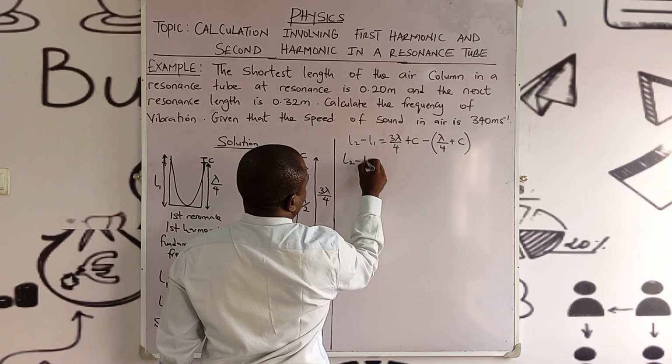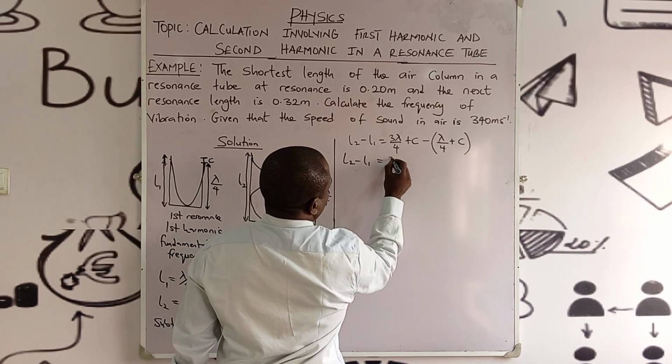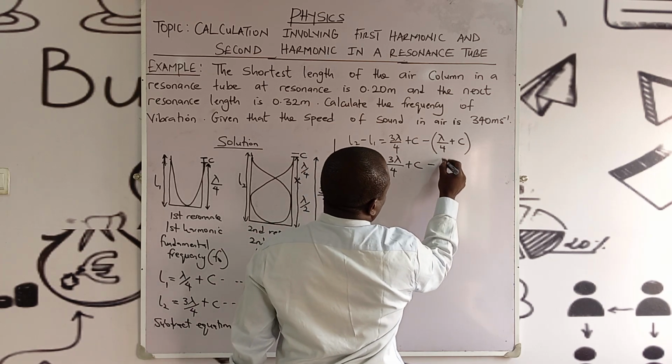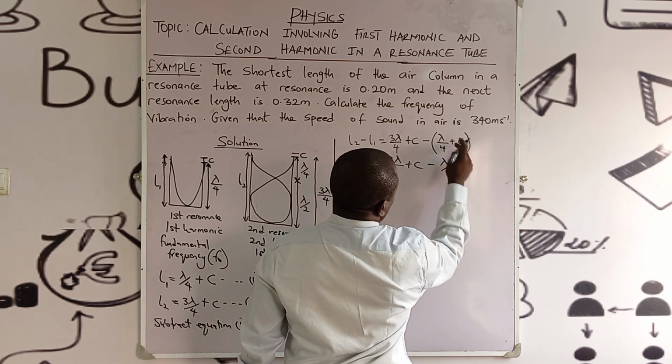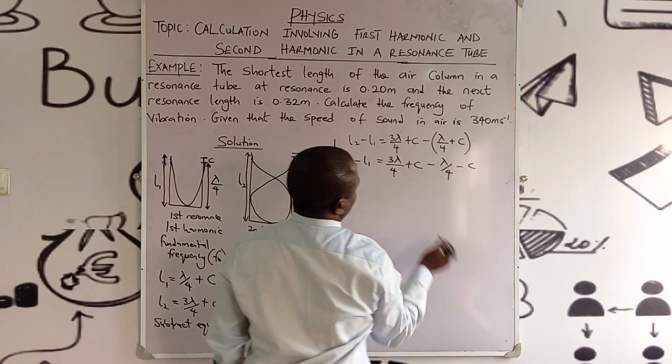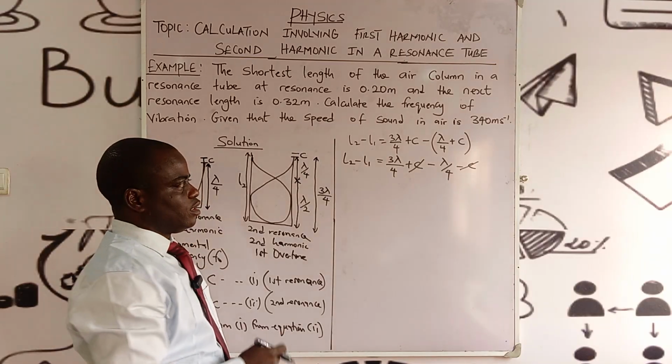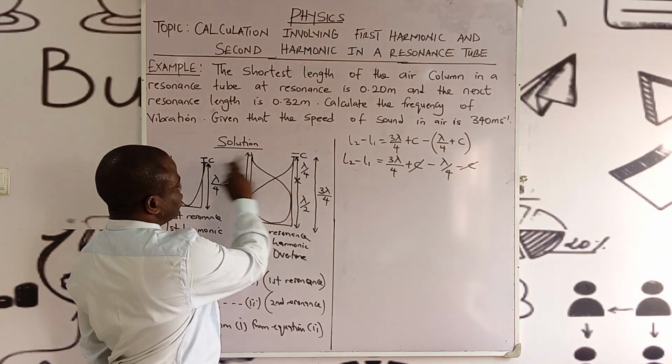Now, L2 minus L1 equals 3 lambda over 4 plus C minus lambda over 4, negative and positive as minus C. Okay? C cancels out. Can you see how C cancels out?